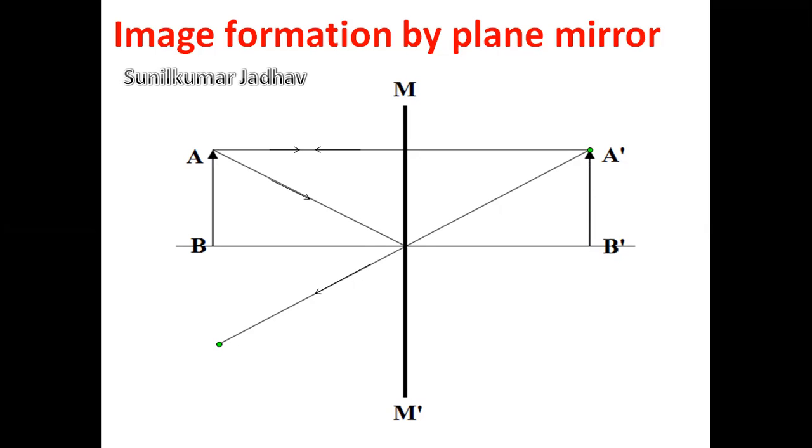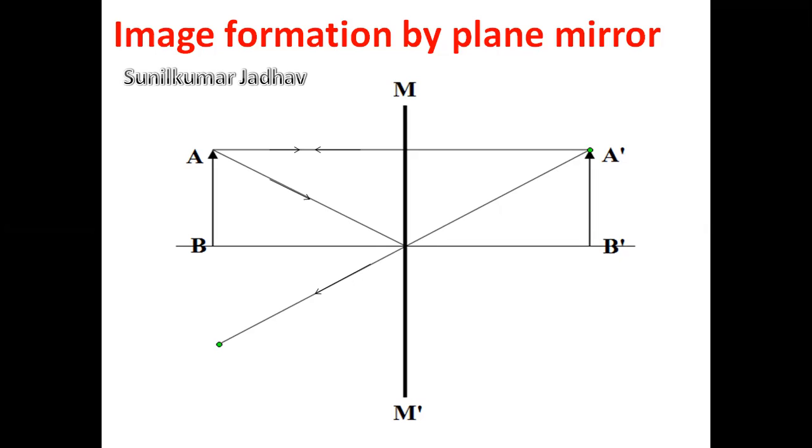Now, what do we observe from this? Observation number one: you can see that suppose this point is O, then the distance OB and the distance OB dash is the same. It means the object distance is equal to the image distance.